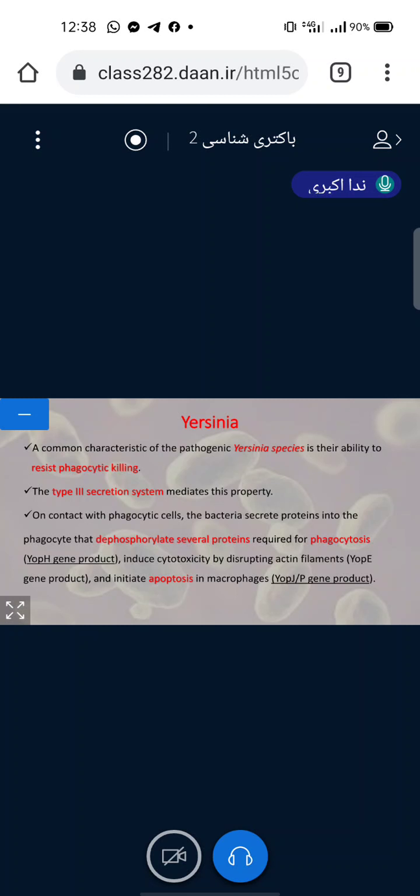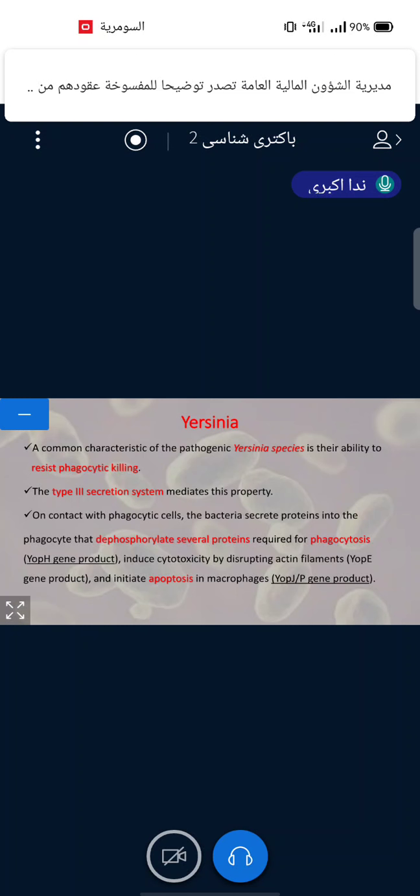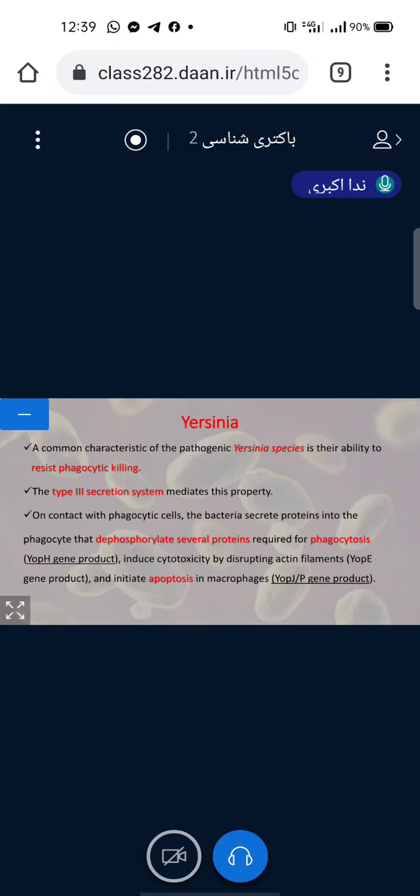For example, YopH gene product induces cytotoxicity by disrupting actin filaments. YopE gene product initiates apoptosis in macrophage. Let me tell again.